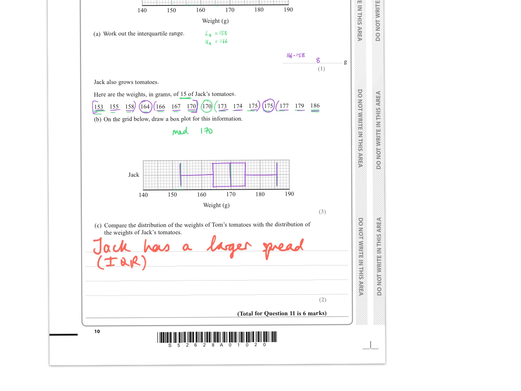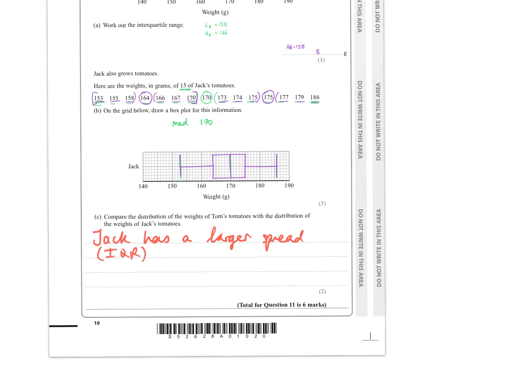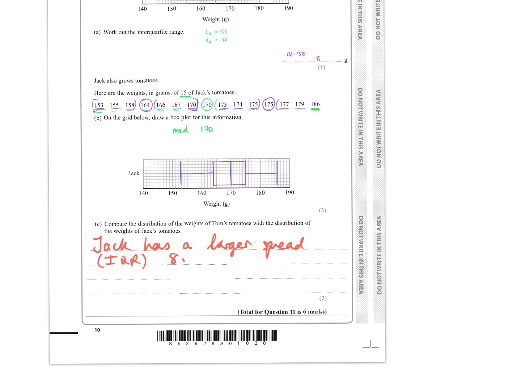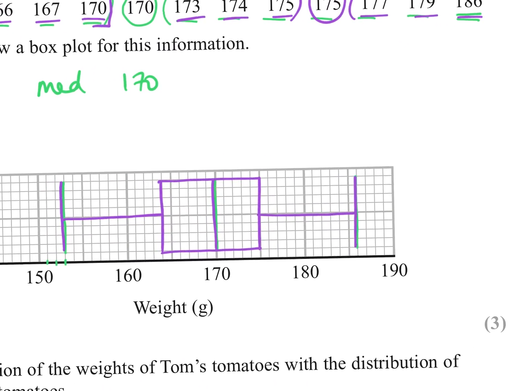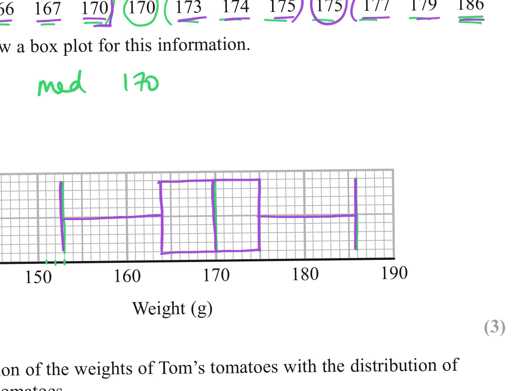So let's have a little look at the first one. Well, we know that was 8 grams here versus how many grams have we got here? Well, we've got 1, 2, 3, 4, 5, 6, 7, 8, 9, 10, 11.